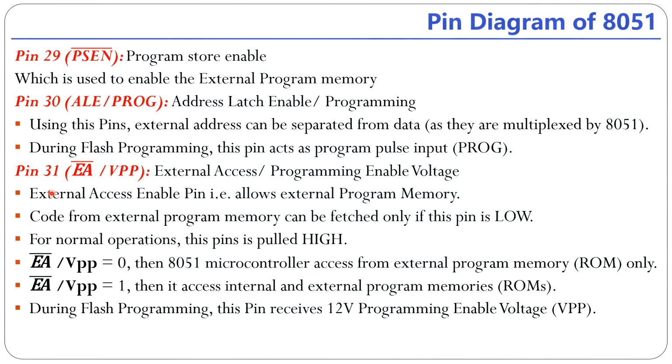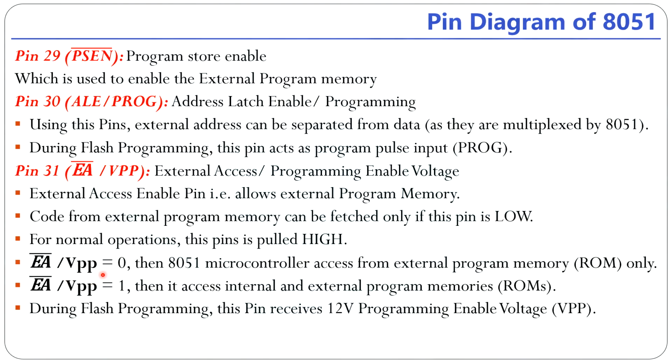Pin number 31, EA, that is the external access, or this is the programming enable voltage. External access enable pin allows external program memory. Code from external program memory can be fetched only if this pin is low, right? For normal operations, this pin is pulled high. Understood?